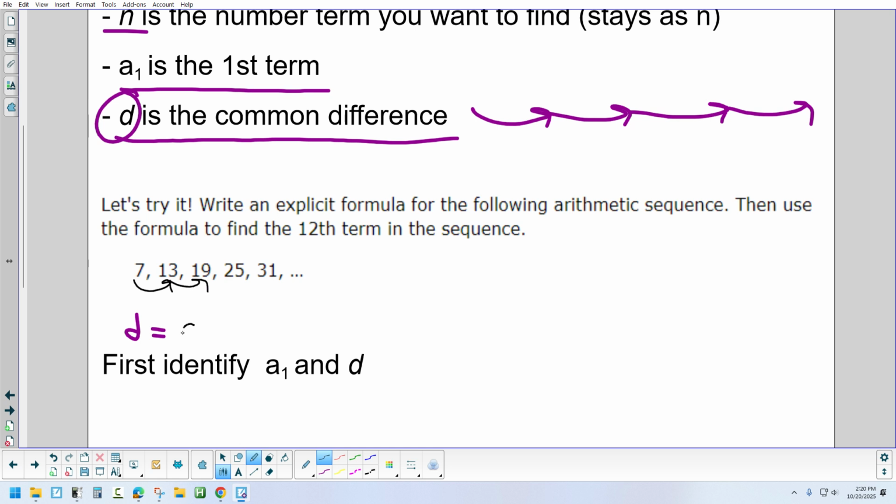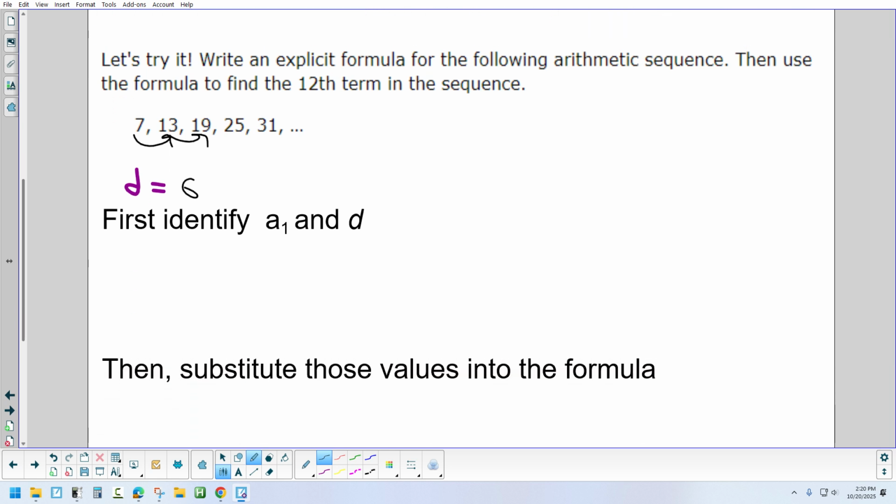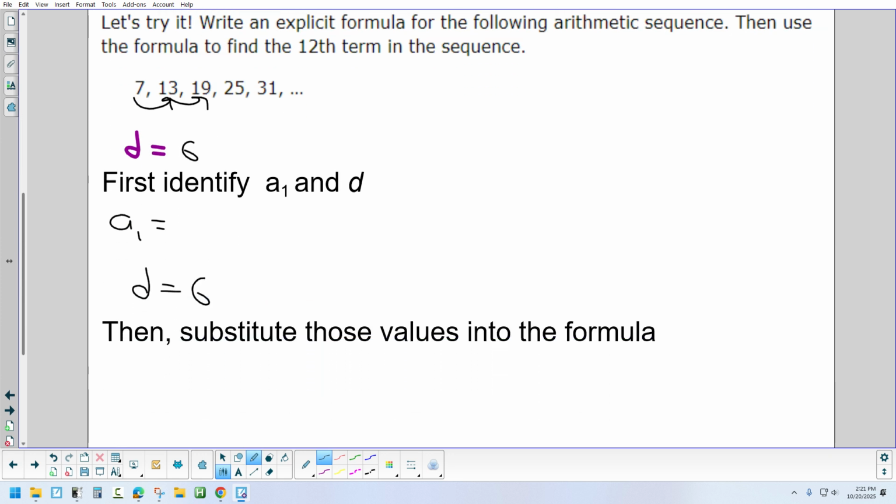I'm adding 6. Yep. So when we write our formula, we're going to fill in a 6 for D. D is 6. And what's the other thing I have to identify? Yep. I need the first term. Yeah, the first term here is a 7. So now take these two numbers and we're going to substitute them into the formula. Micah, can you remind me, what's that formula that we're going to plug into again?